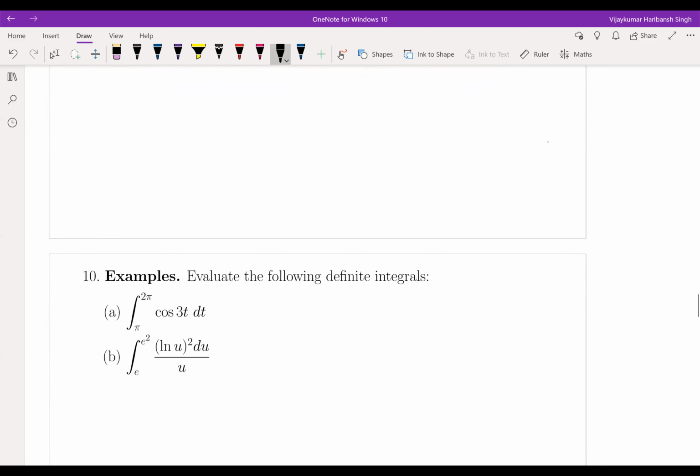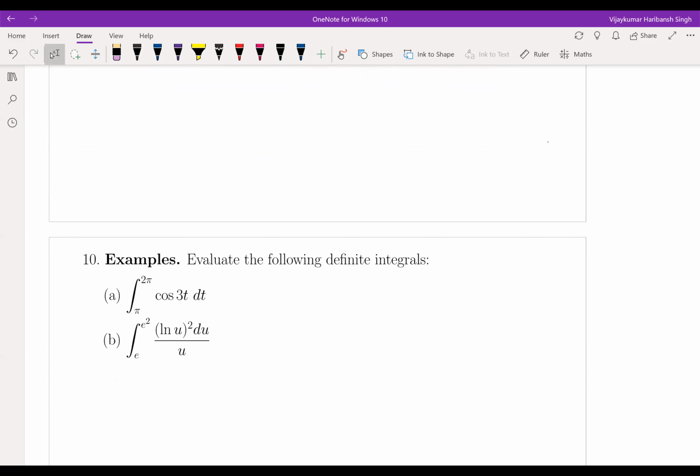Let's look at problem A. Again, in problem A, we say let u be equal to 3t. Then du by dt is going to be 3, or in other words, du by 3 equals dt.